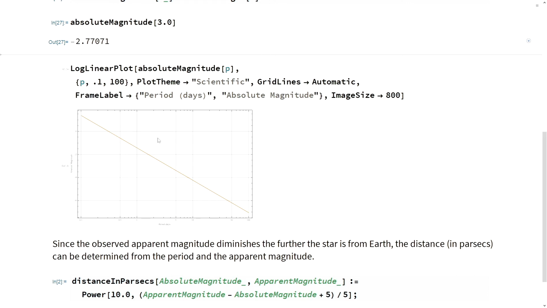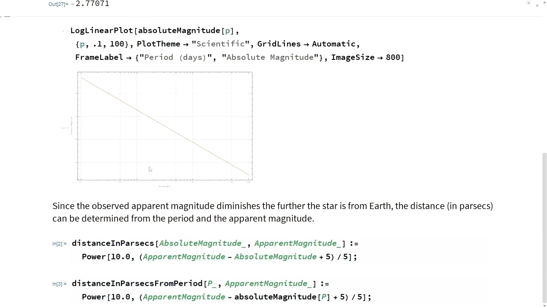So if we have a measure of the absolute magnitude of the star, and since we know that brightness falls off with increasing distance from Earth, if you have the absolute magnitude of the star and the apparent magnitude, which you measure from Earth, you can get a pretty good estimate of the distance in parsecs of the star. This is just a power relationship.